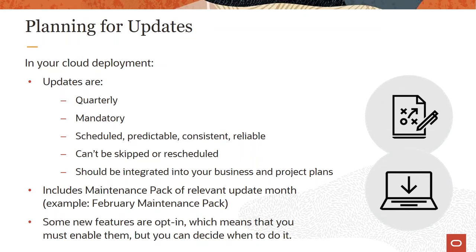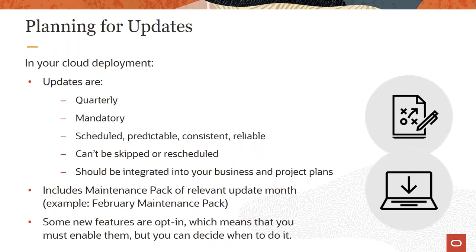In the cloud, we use quarterly updates based on the cohort that you belong to, but this is, again, on a quarterly basis. So these quarterly updates will contain a smaller number of new features and functionality. They're more manageable. And by the way, you can change the cohort that you are assigned to initially by logging a service request, but do allow for sufficient lead time for that to occur.